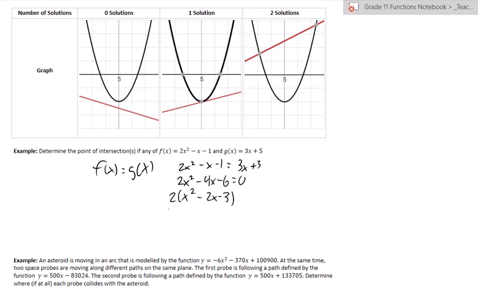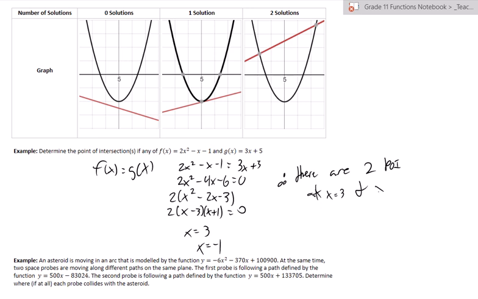And it's a simple trinomial, so that gives us 2, x minus 3, x plus 1 equals 0. x is equal to 3, and x is equal to negative 1. So therefore, there are 2 points of intersection at x equals 3 and x equals negative 1.